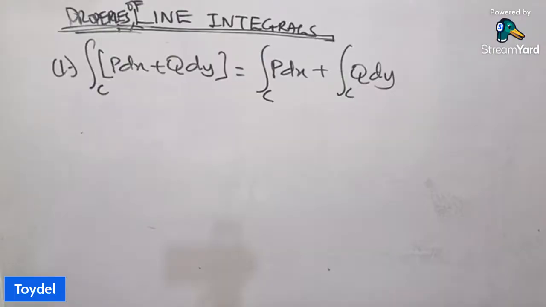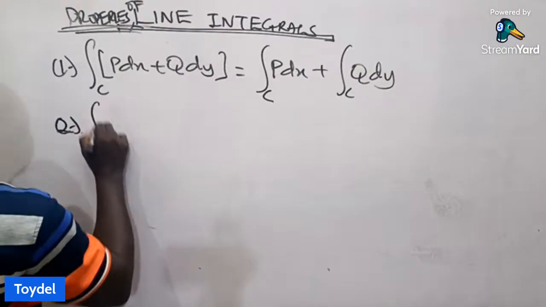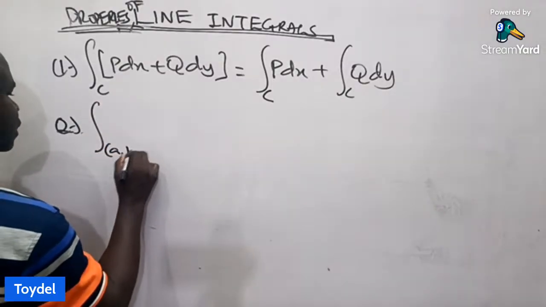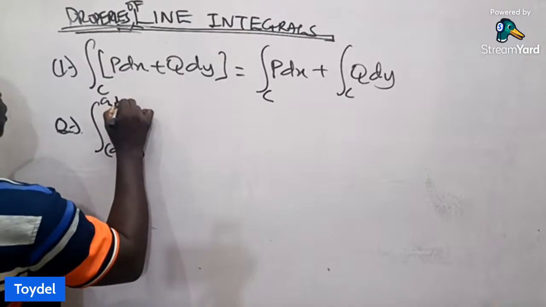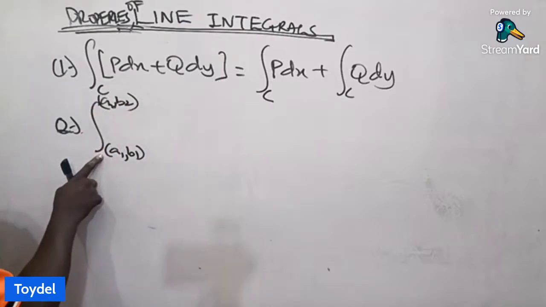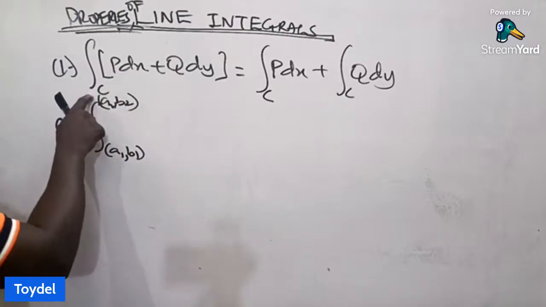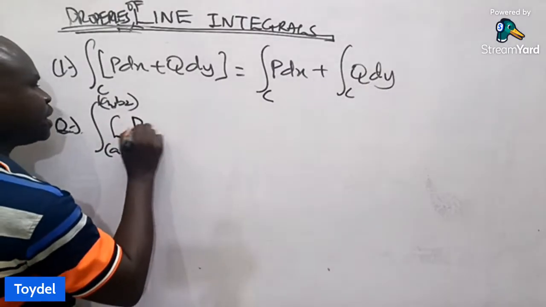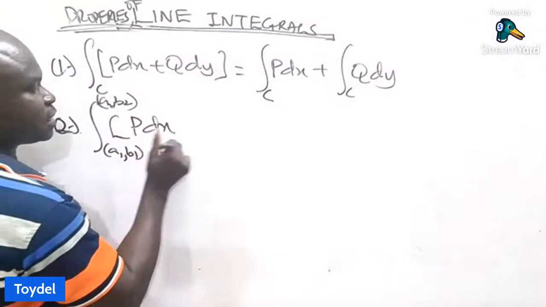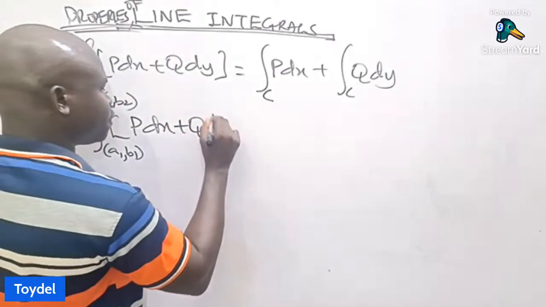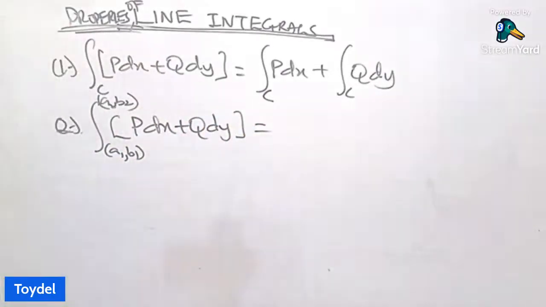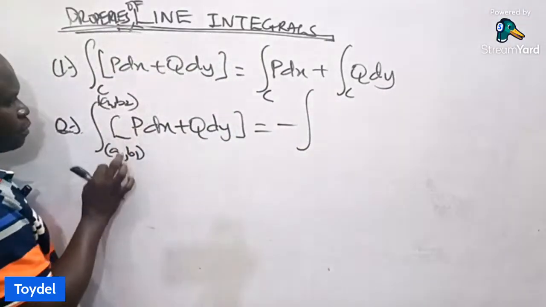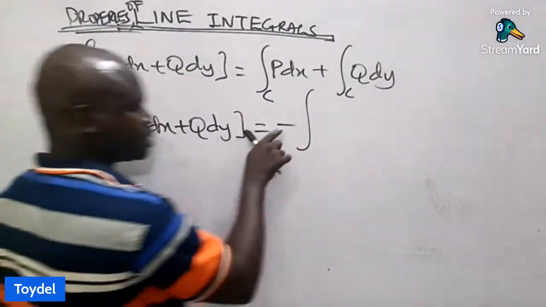The second property is that if you have an integral from (a1, b1) to (a2, b2), these are coordinates, the coordinate of A and that of B, with P dx plus Q dy, where P is a function of x and Q is a function of y. This is the same thing as minus the integral when we interchange the limits, bringing the lower to the upper and the upper back to the lower. It is going to attract a negative sign.